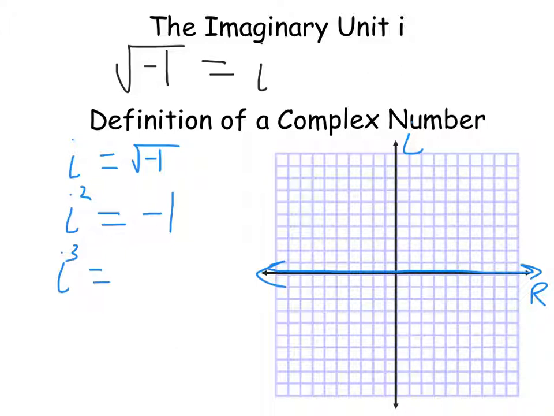We could look at i cubed, which a good way to look at would be i squared times i to the first, or just -i. And my personal favorite, good old i to the fourth. That's like i squared times i squared. If you look back to i squared, that's -1 times -1, or just 1.